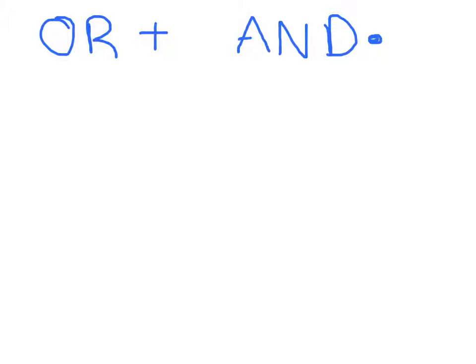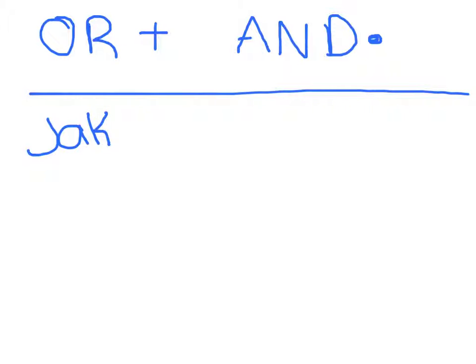So on the probability section, you're also going to have binomial probabilities. So let's say that Jake has an 80% chance of making a free throw.